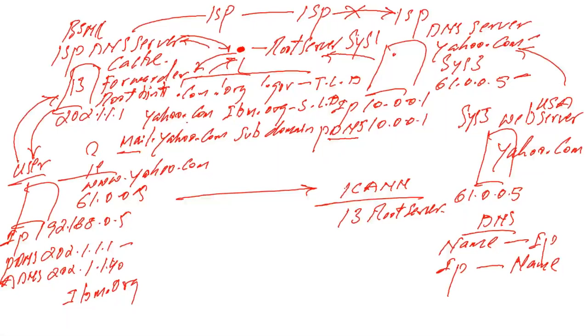In the world there are 13 root servers managed by ICANN organization. Okay, so this organization is managing all 13 root servers.